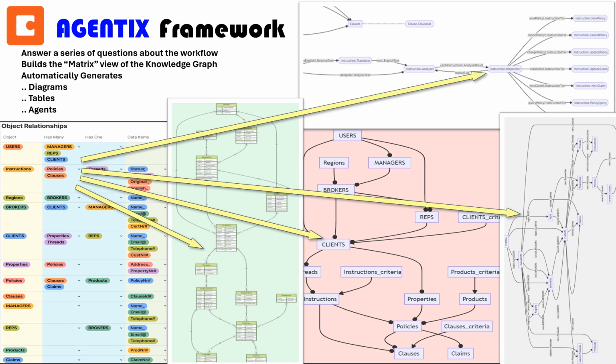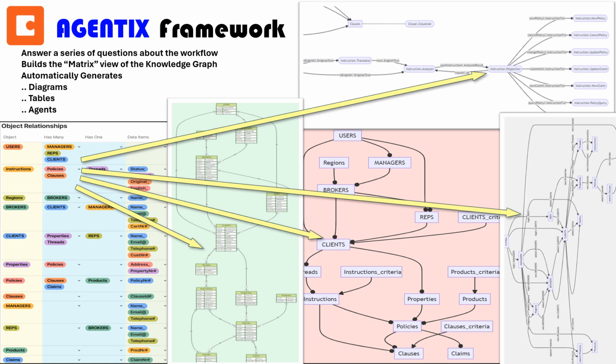And to help build all of this, I've put together a little tool that I call the Agentics framework. It has a large Coda table that I call the matrix that you fill out with all of the necessary details about the business objects, their relationships to each other, and the steps in your process.